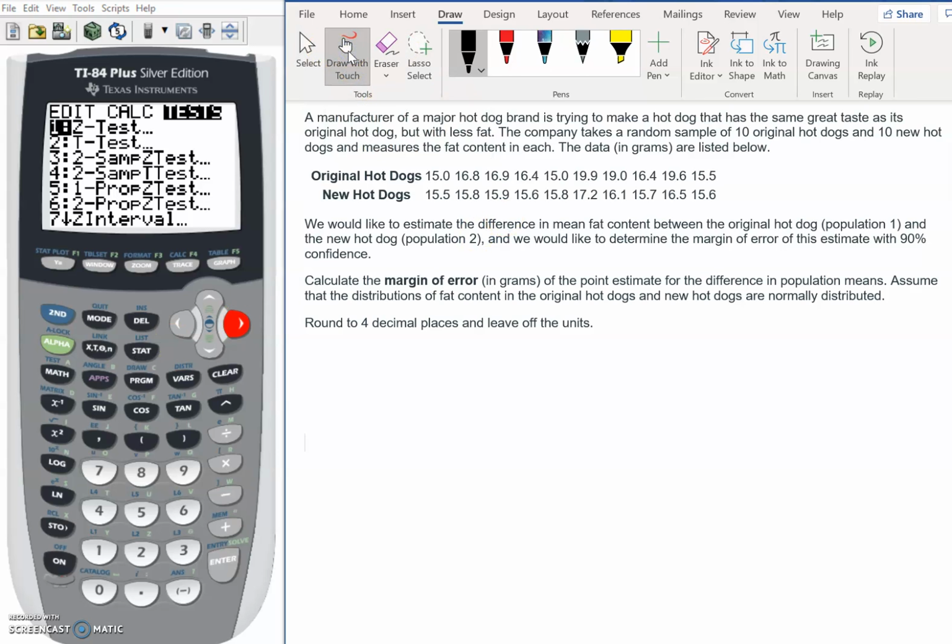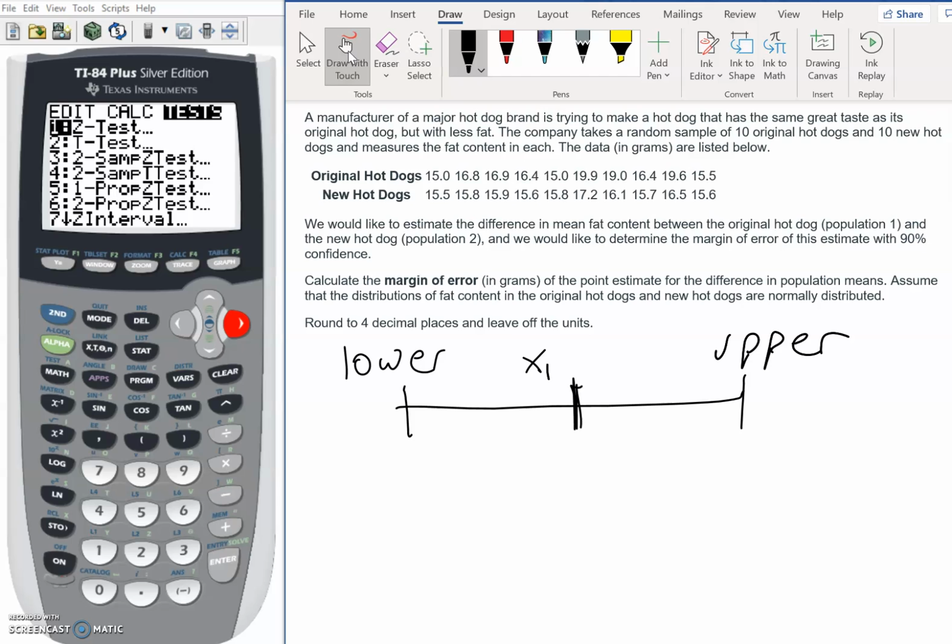Remember that if we have a confidence interval, so if we have some sort of interval like this, we have a lower bound and we have an upper bound, and in the center of this is our point estimate, whatever our statistic is. So in this case, that would be something like x1 bar minus x2 bar, right?